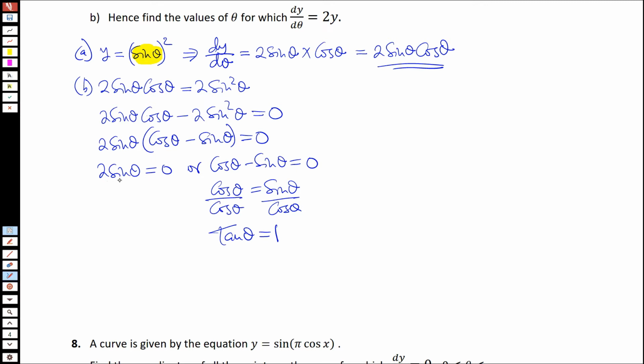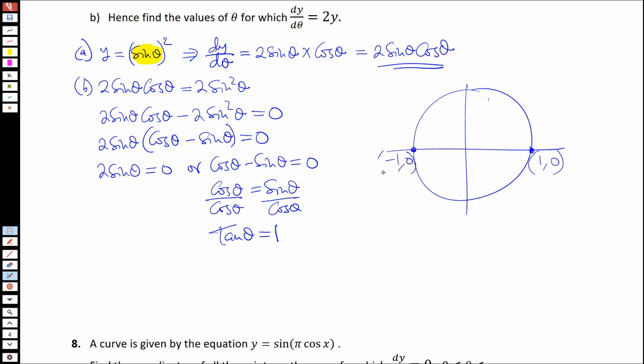So basically what you can do at this point is to solve for theta. If you remember the unit circle, whereby this is 1 0, and this is negative 1 0, this is 0 1, and this is 0 negative 1.